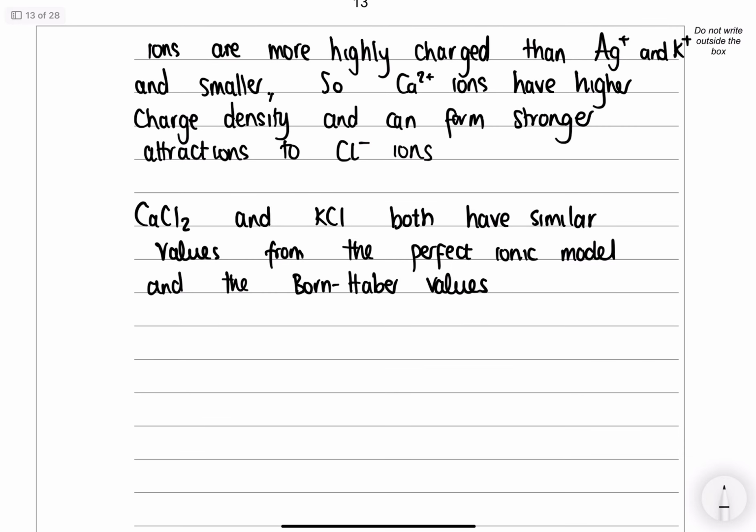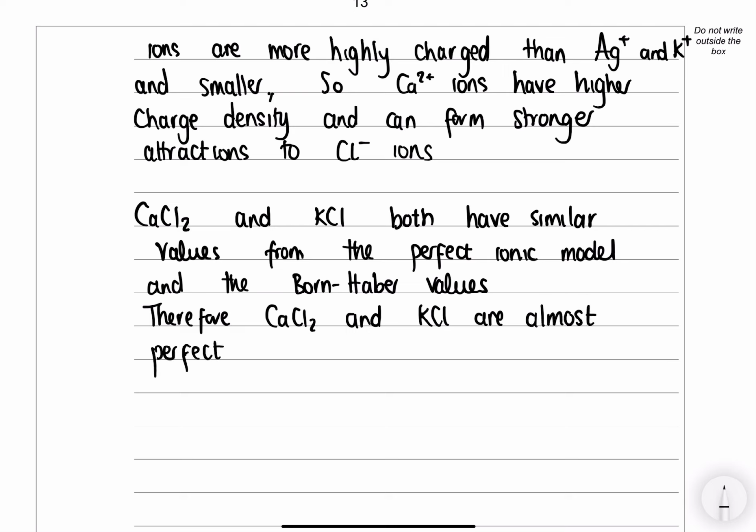That tells us that these two, CaCl2 and KCl, are almost perfectly ionic, with very little covalent character.